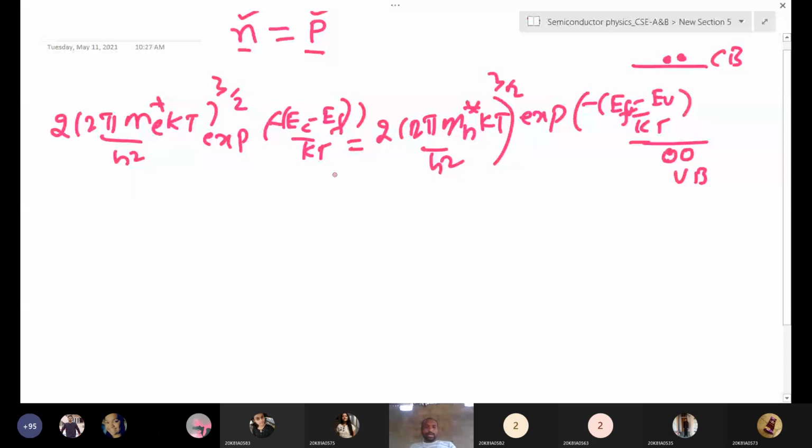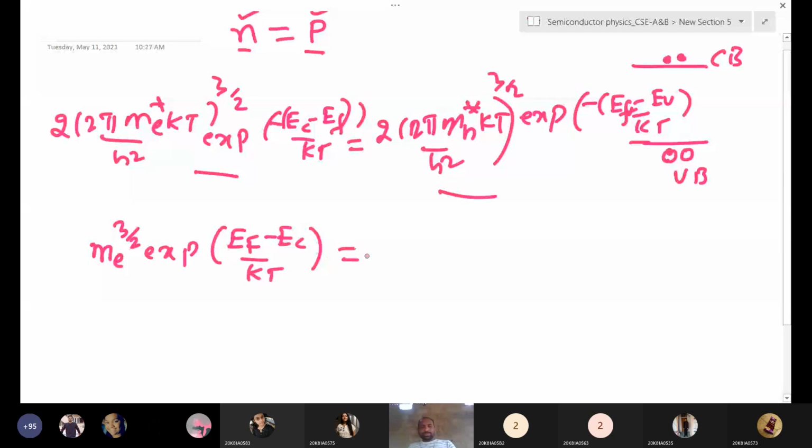After cancelling whatever equal terms, what we will have here: me to the power of 3 by 2 exponential of (Ef minus Ec) by kT, and mh to the power of 3 by 2 exponential of (Ev minus Ef) by kT. This remains after cancelling the common terms. We have got this expression.